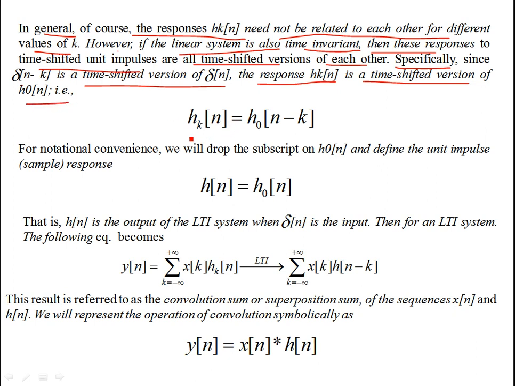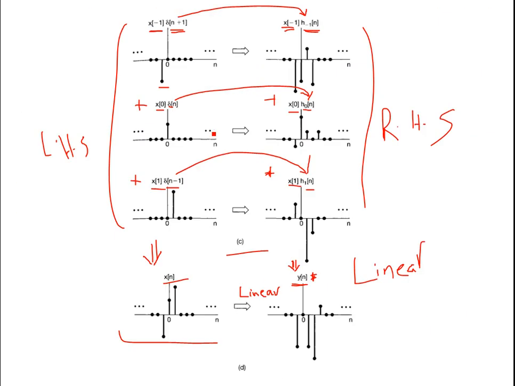So what it says is that if you have h_k of n, which is the response to delta of n, then this subscript k, we can write this as, because you see over here, h naught of n was the response to delta of n, right?